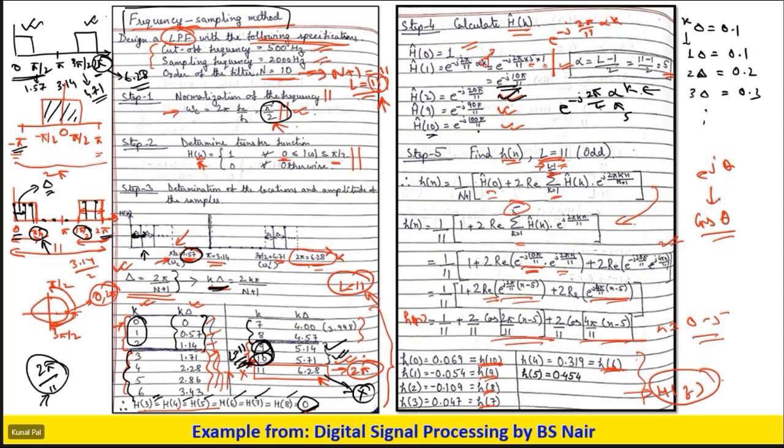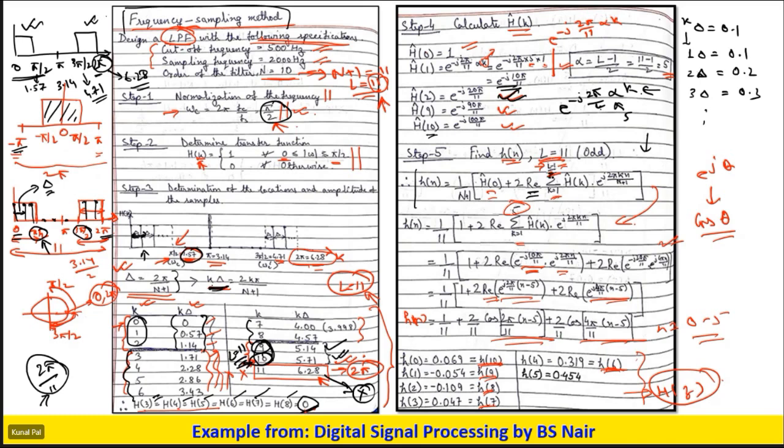Okay. Now after you come over here, using this equation we are calculating the hn values. hn equals 1 by n plus 1 times h cap 0 plus 2 times real of, this is an important one, real of summation of k equals 1 to L minus 1 by 2.